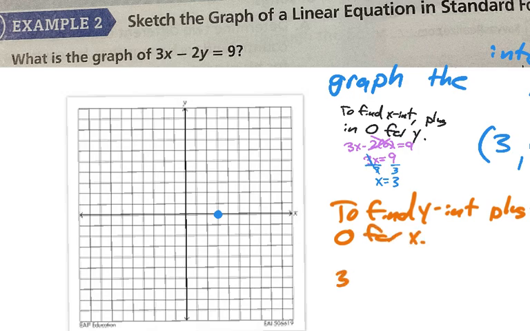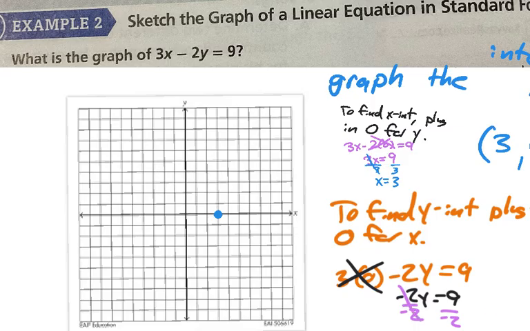That would give me 3 times 0 minus 2 times y equals 9, which tells me negative 2y equals 9. Divide by negative 2. And if I'm doing this part too fast, just tell me. If you don't follow that, I will get carried away and do that too fast sometimes. So when I plugged in 0 for x, I got negative 4.5 for y.